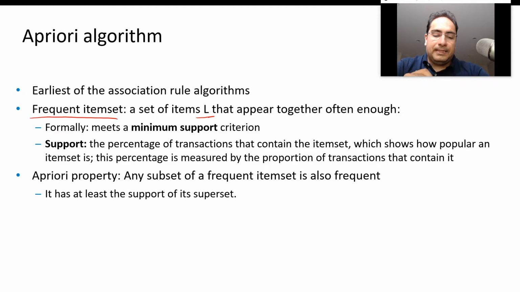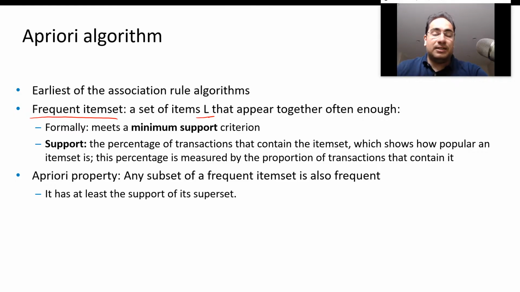For example, milk and bread could be a frequent item set. So they're a set of two items. But formally, they should meet a minimum support criterion, which means they should have occurred at least a certain number of times or percentage of the total purchases in order to be called a frequent item set.